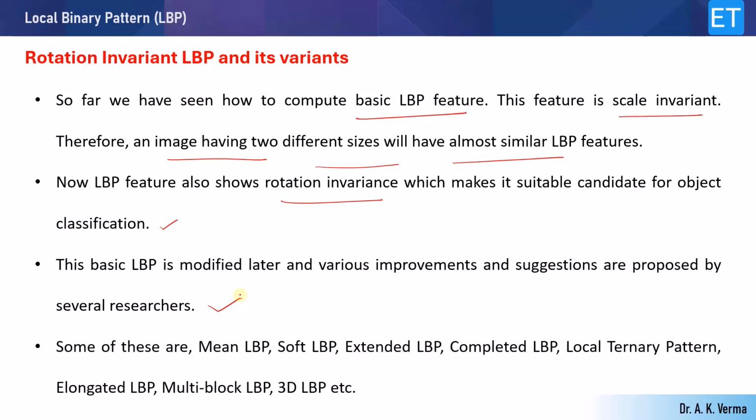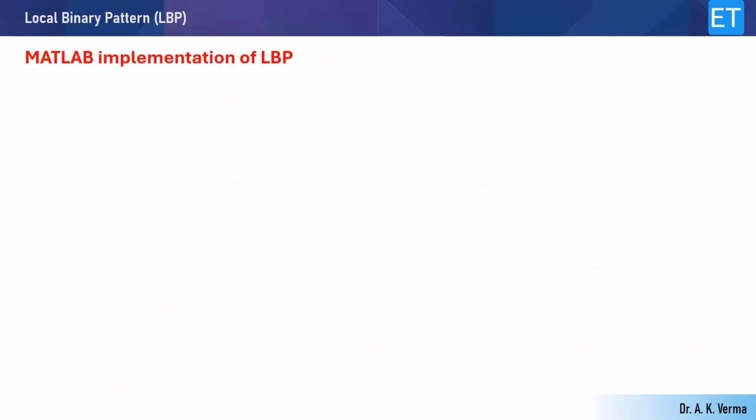So we got various extensions and variants of this basic LBP. Some of them are mean LBP, soft LBP, extended LBP, completed LBP, local ternary pattern LTP, elongated LBP, multi-block and 3D LBP. And so many others are also there. If you are interested, you can go through them.